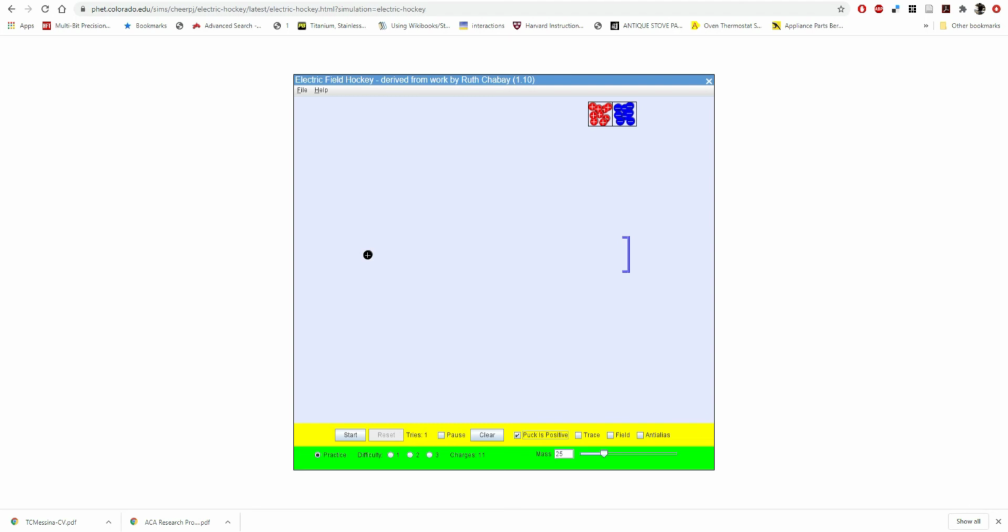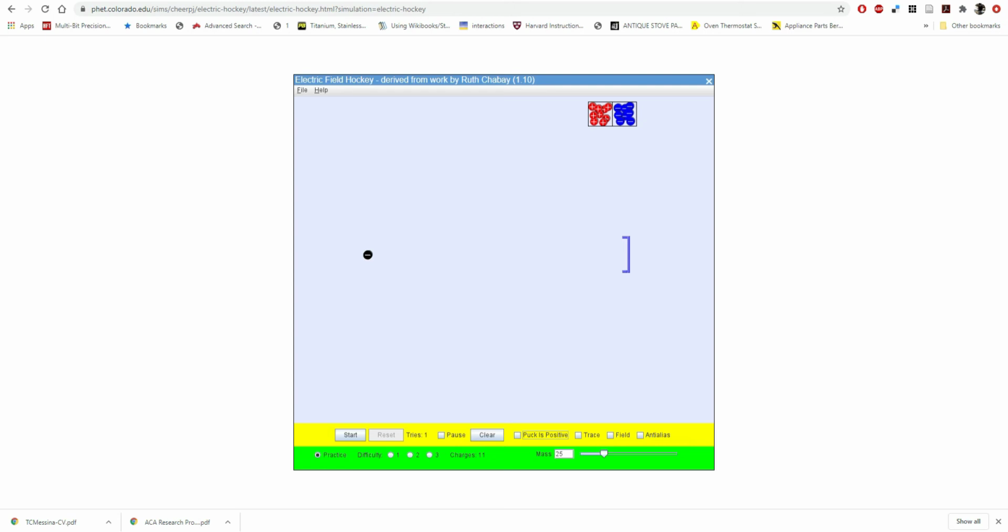When you open this simulation, there will be what they call a puck, because this is field hockey, and it has a positive charge. I'm going to make this the negative Q3, so I'm going to make the puck negative, because that's the one charge that's free to move once I start the simulation.